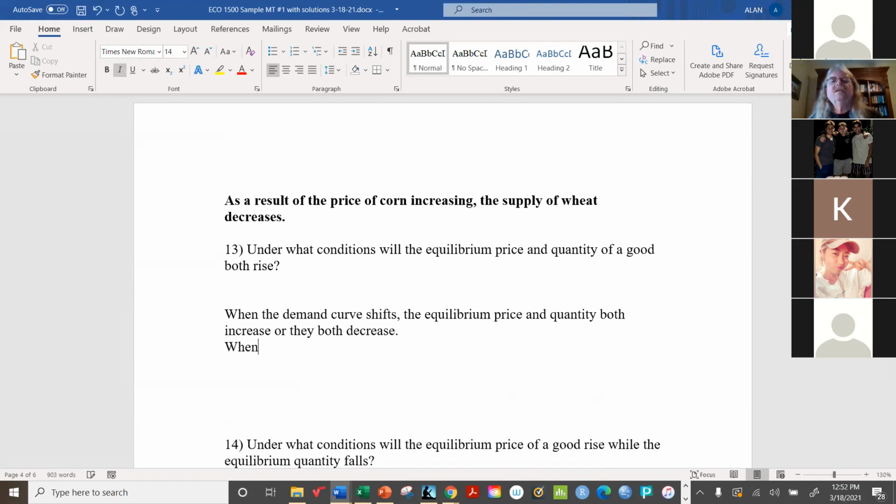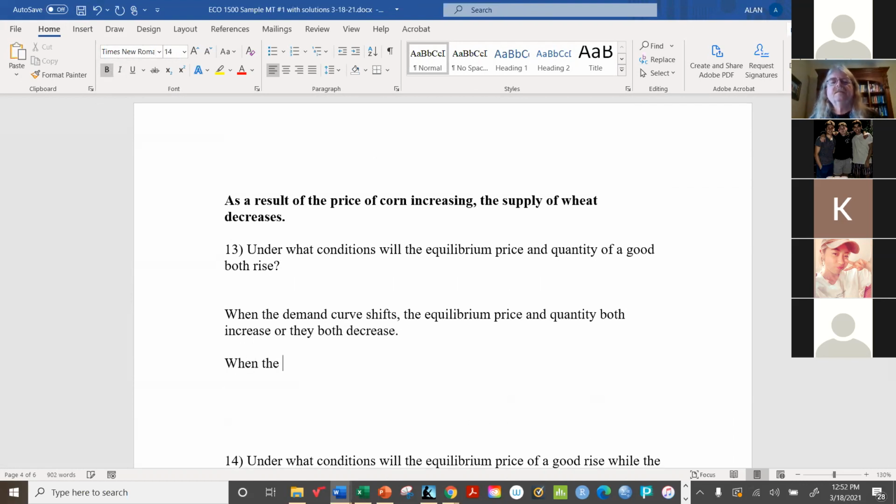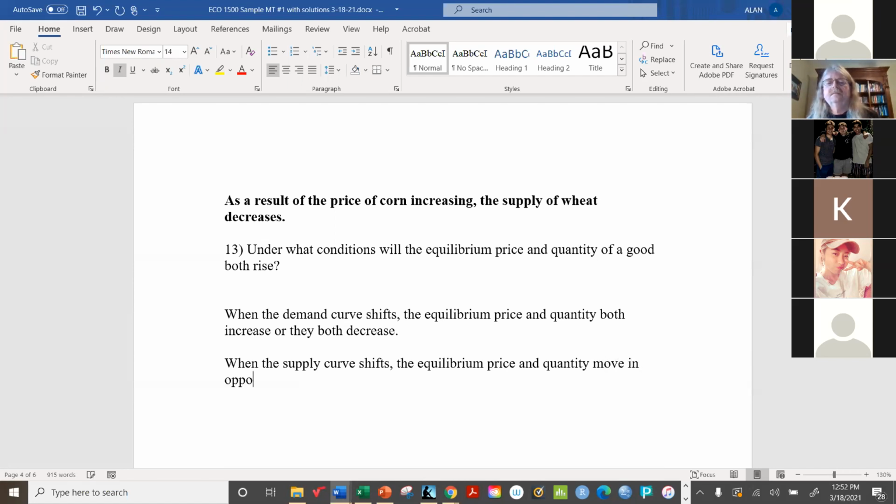When the supply curve shifts, the equilibrium price and quantity move in opposite directions. And you can confirm this to yourself by drawing the pictures. Therefore, in this case, it must be true that this is caused by a change in the demand curve.